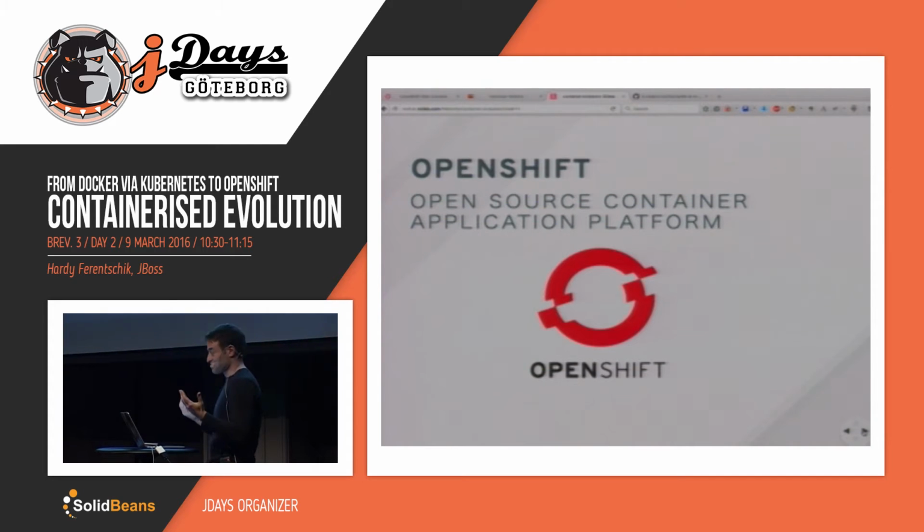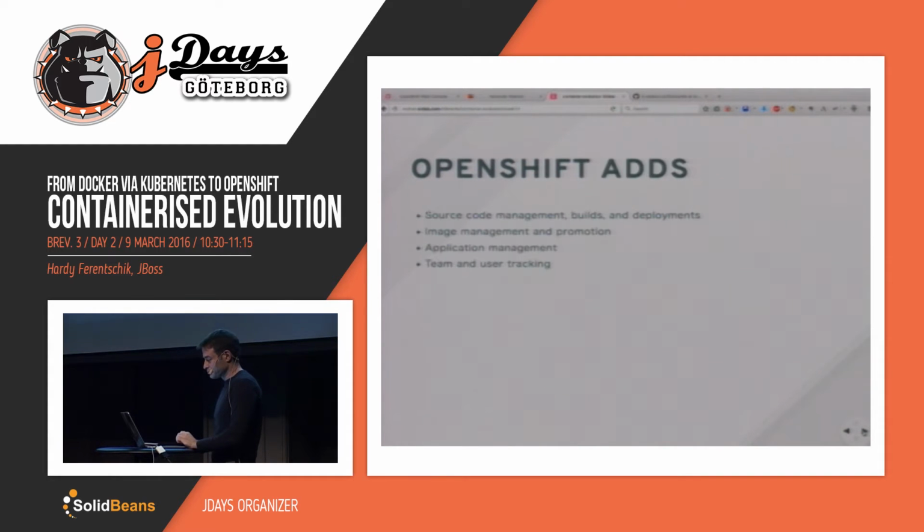It's really a superset. But the focus of OpenShift 3, I should say, is more the application or container application platform. It's more the whole application, not so much the single containers anymore.